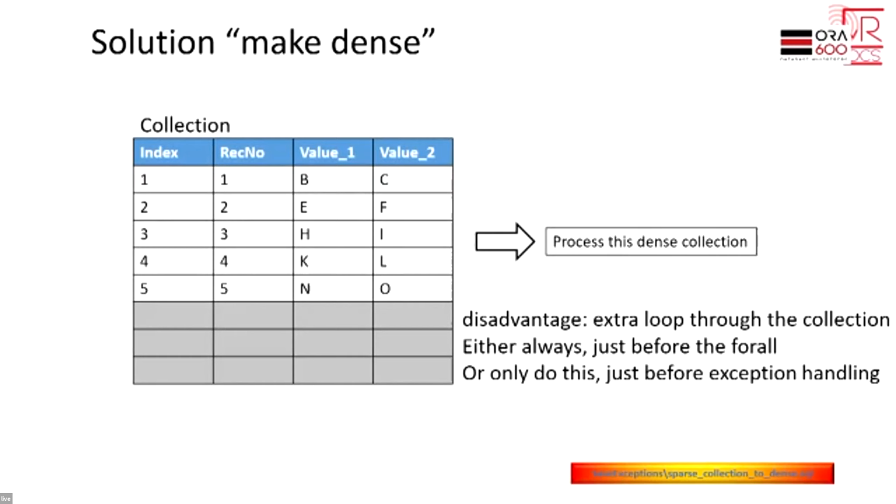That last one I would not recommend, because then you would be trying to get your data for your error handling from a collection that has been modified after you have processed it in your FORALL statement. I wouldn't do that. I would make it dense before processing it in the FORALL. So when processing it in your exception, you're looking at the exact same collection.